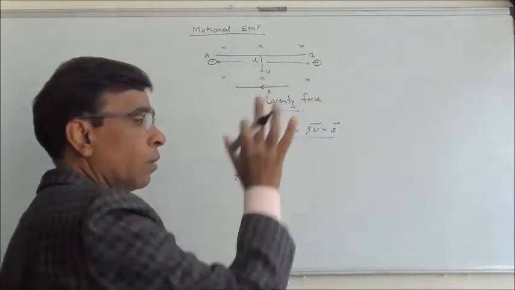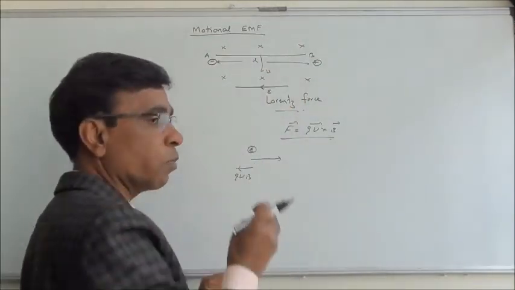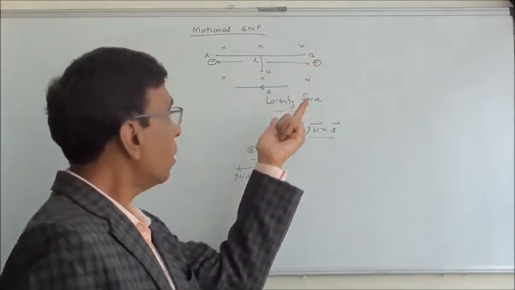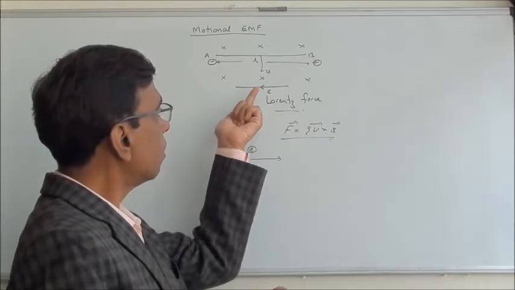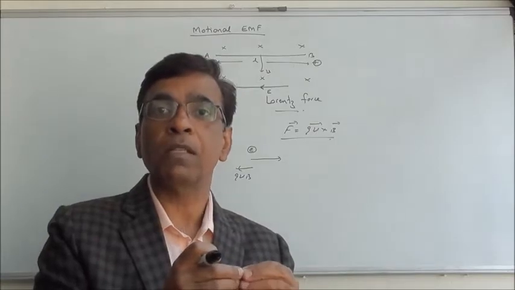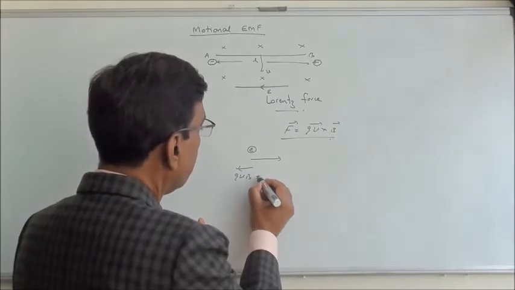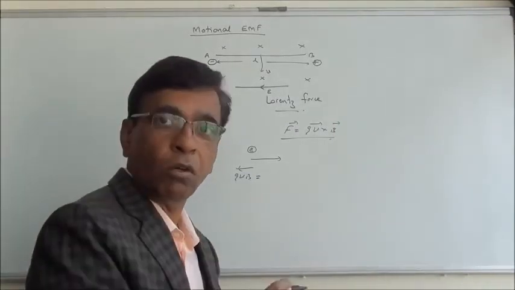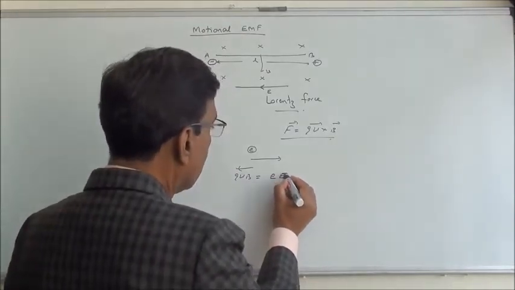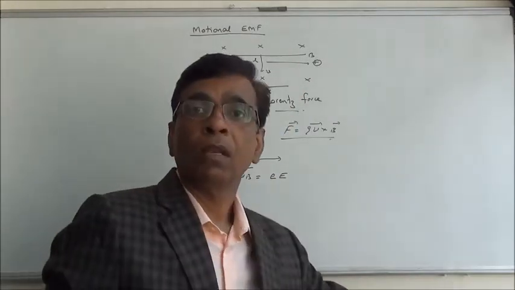Initially, the distribution of electrons is random. When it moves down, electrons start getting collected at this point, which generates an electric field between the two. And the direction of the electric field is such that now the electrons experience force in this direction. So when these two forces are balanced, the movement of electrons towards A will stop. So QVB, the force on electron, is equal to eE, if E is the electric field developed here and e is the charge on electron.